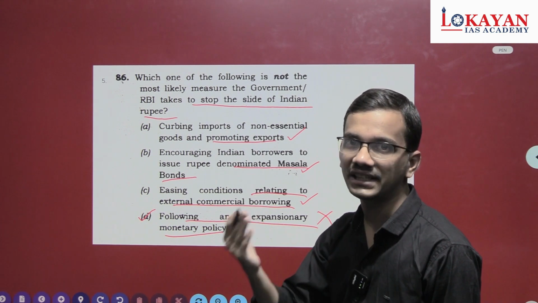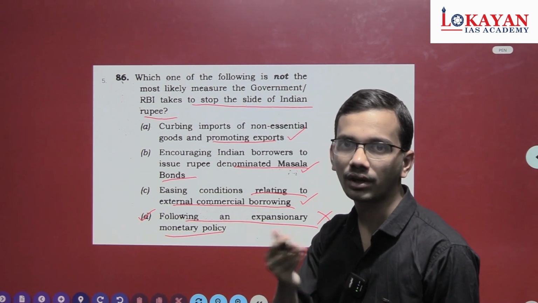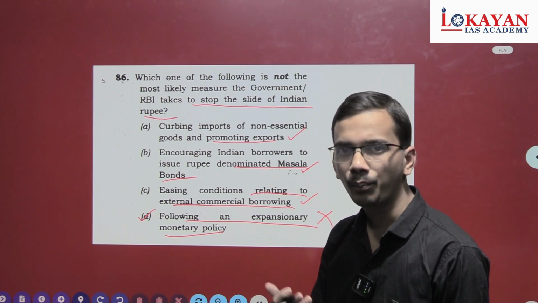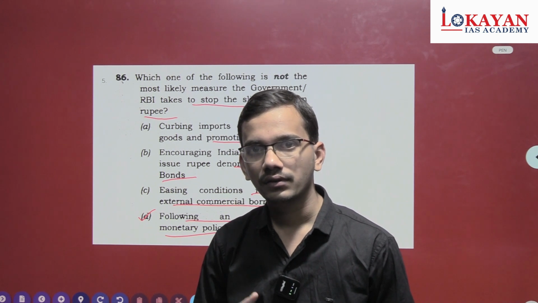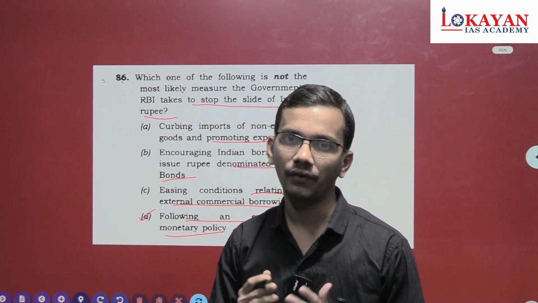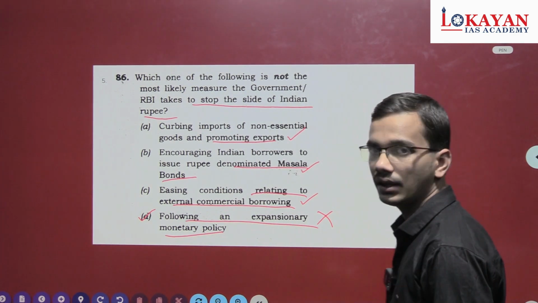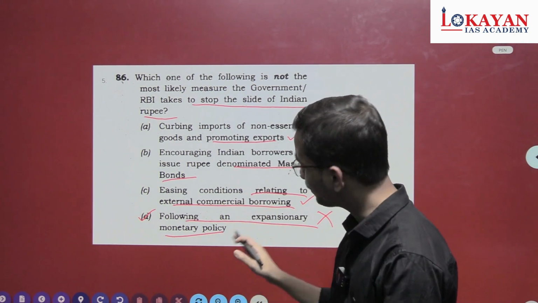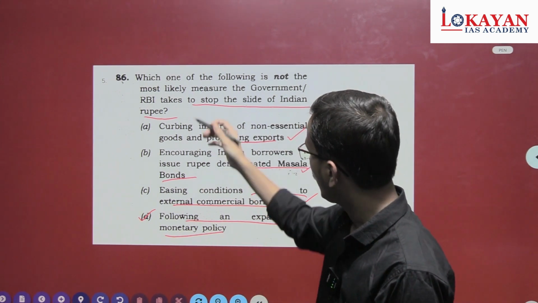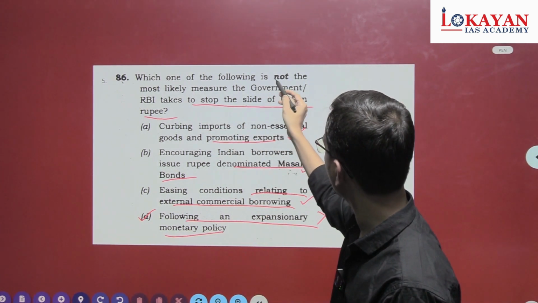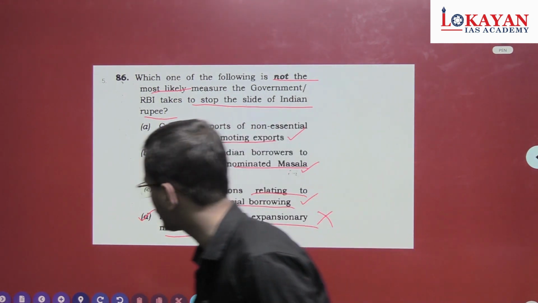In our lectures on budget and taxation, we will often encounter terms like counter-cyclical fiscal policy, pro-cyclical fiscal policy, fiscal stimulus, fiscal consolidation. We should be aware of the basic meaning of these terms. Now let's understand why this measure is not most likely to be taken, as the question states.